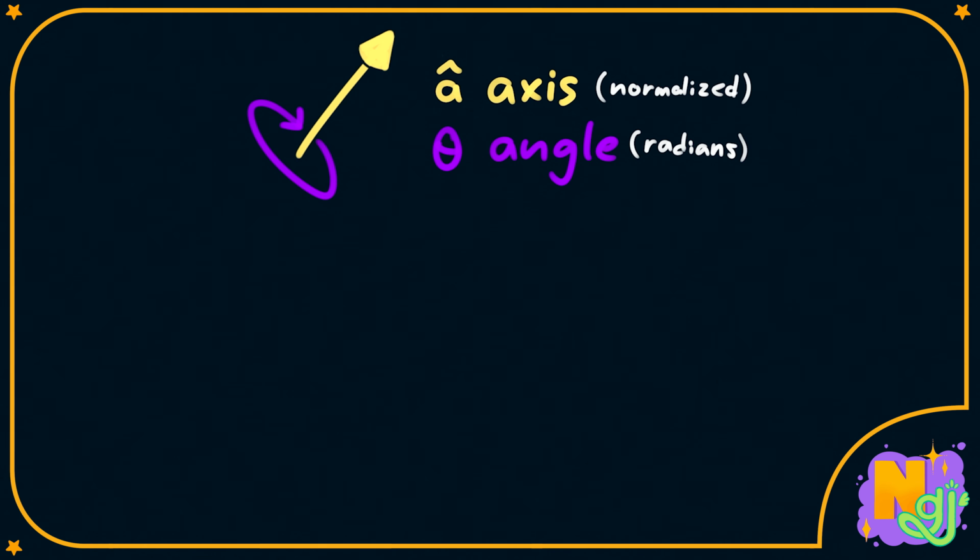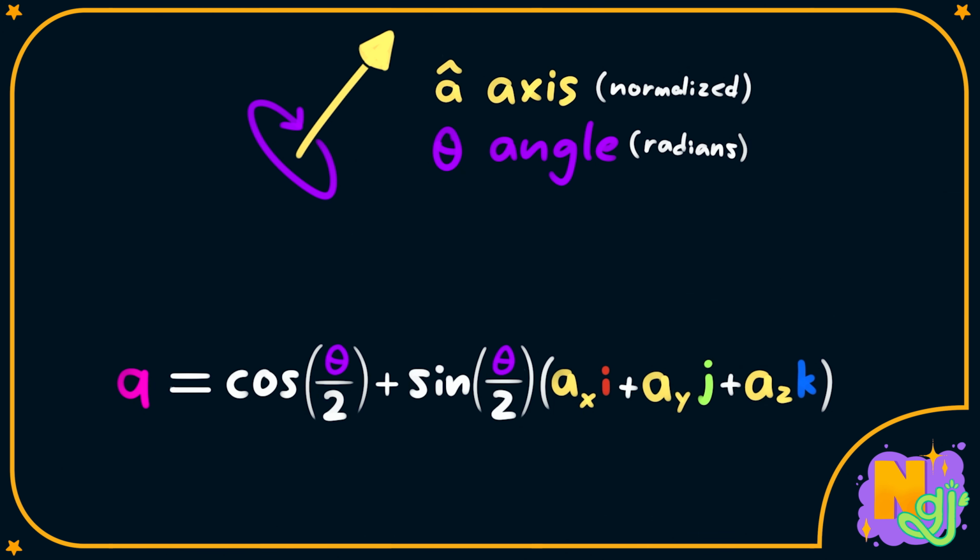If you want to construct a quaternion that represents that rotation, then all you have to do is this. So you take the cosine of half of the angle, more on the half later, and then you take the axis and multiply it by the sine of half of the angle, and that's going to be the coefficients for your i, j, and k. So that's how you get a quaternion that does that rotation as the axis angle form.